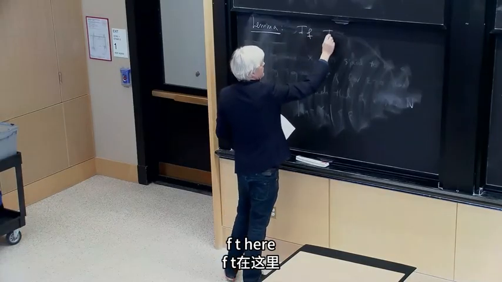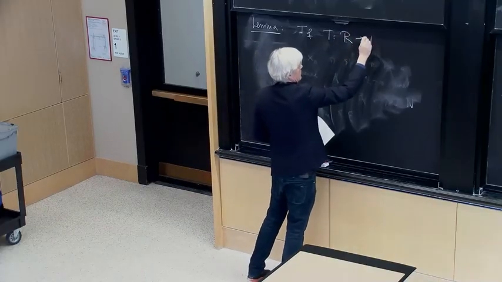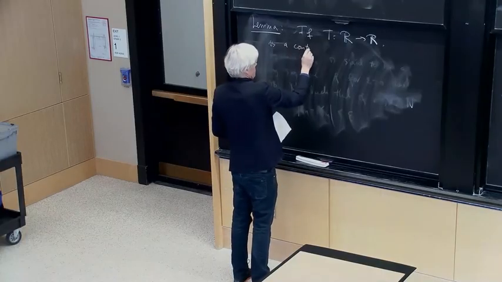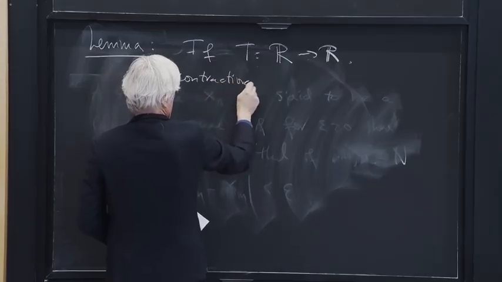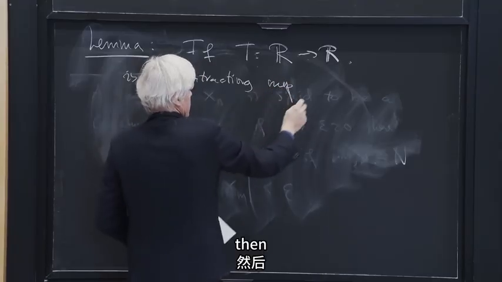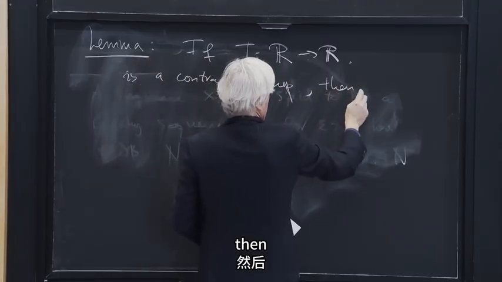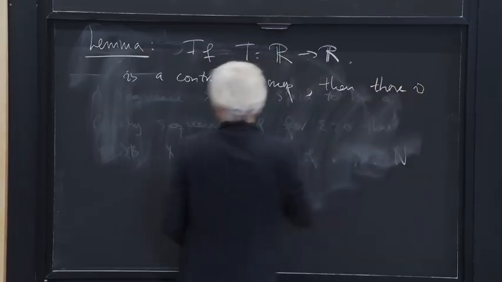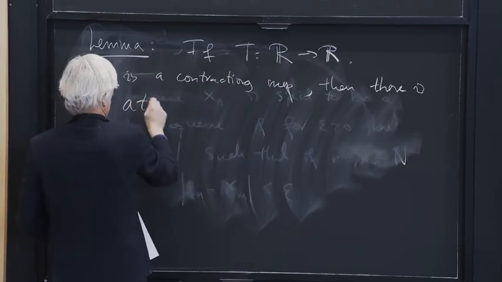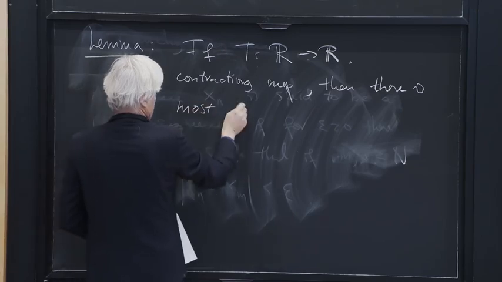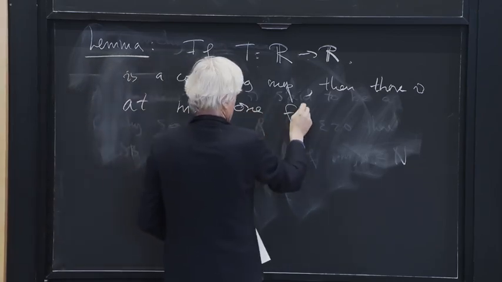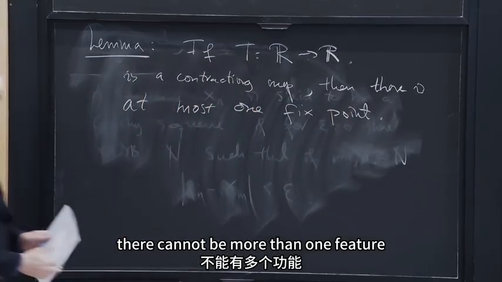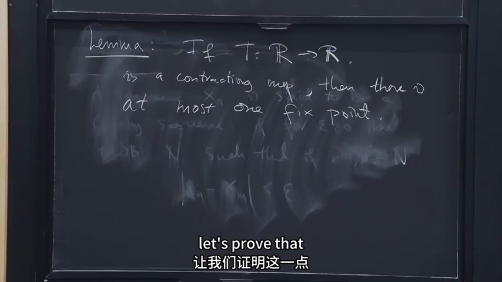If T here is a contracting map, then there's at most one fixed point. There cannot be more than one fixed point. Okay? So let's prove that.